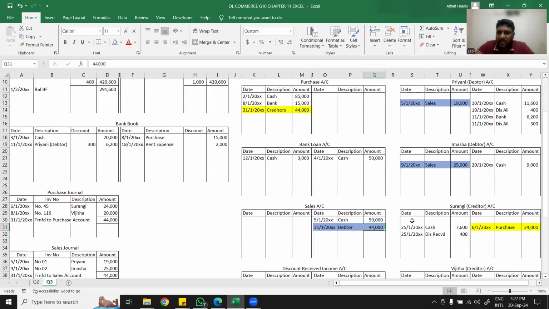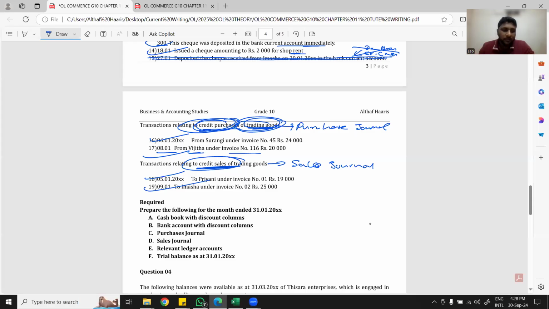Relevant individual accounts debit side, sales account credit side, because sales is an income. Okay, so we are done with this.